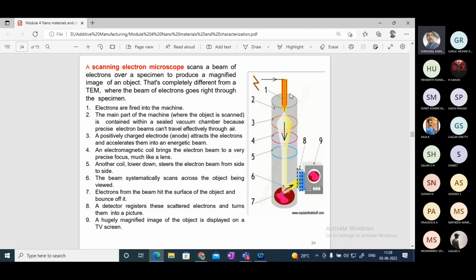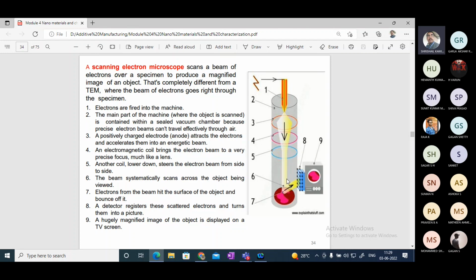And these scattered electrons will be attracted by the different lenses, accelerators and redirectors, and all these will be arranged. You can see that the second, third, fourth, fifth all show the vacuumed space and the redirecting coils and the magnifying coils and the narrowing coils. So all these will be there.